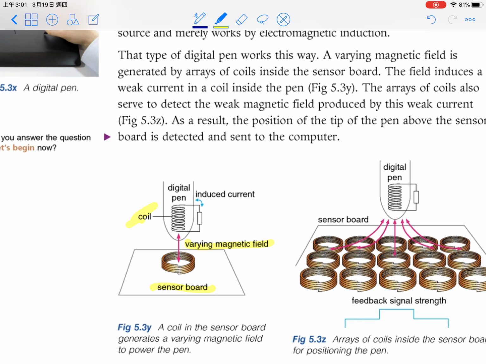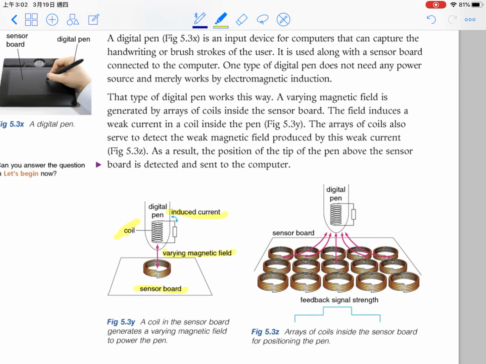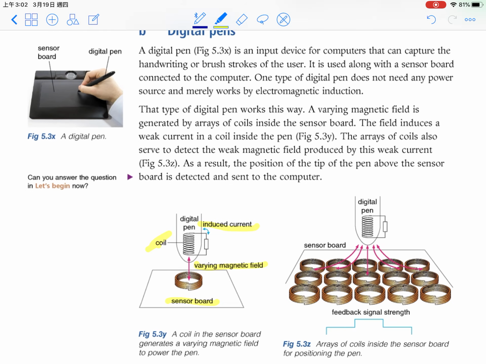If the pen experiences a changing magnetic field, it would have an induced current. So by reading the current, we would know the location of the digital pen.